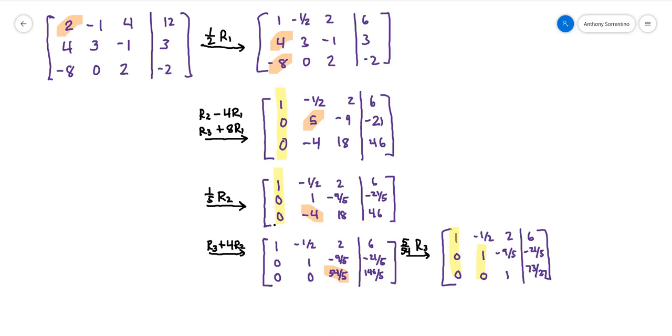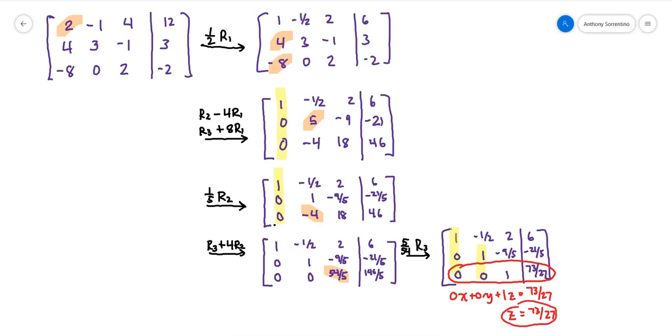So again, what this means is that this bottom equation means I have 0x plus 0y plus 1z equaling 73 over 27, which means z equals 73 over 27. No one's going to say that these are always going to be nice numbers, by the way.